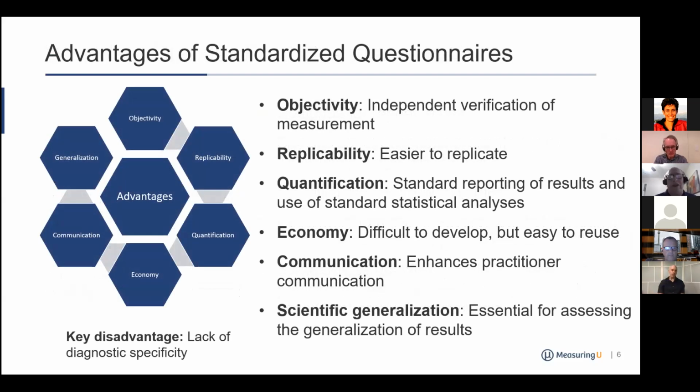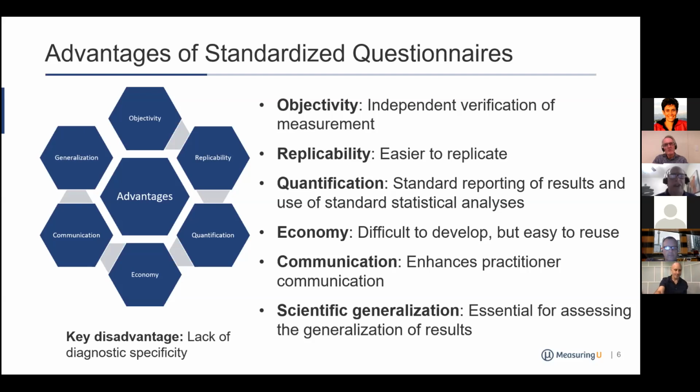So why do we do this? Well, in science at large, the advantage of standardized measurement is that it's objective. I don't change it for a specific context. And you're kind of jumping around through this list, and then that enhances communication, because if I say that I use the System Usability Scale, then you have a pretty good idea about what I did.